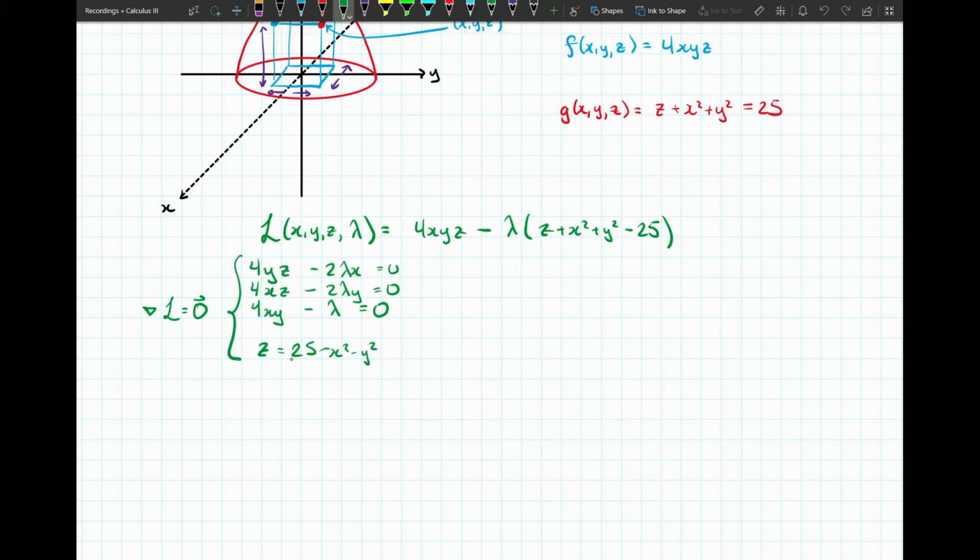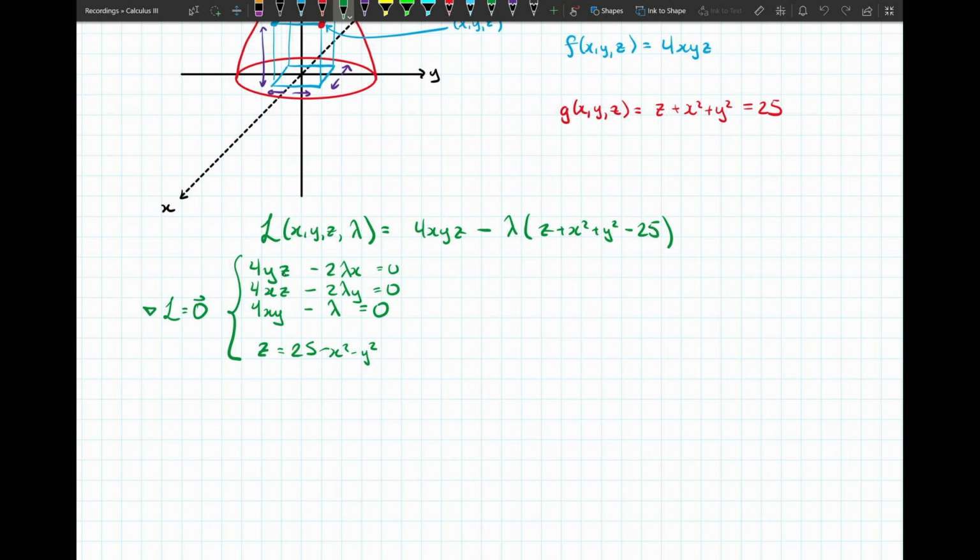And when we take the partial derivative with respect to lambda, we know that that can easily just be simplified into simply the equation of our constraint, in this case the elliptic paraboloid itself. And the three other variables, x, y, and z, those partial derivatives are all set equal to 0.